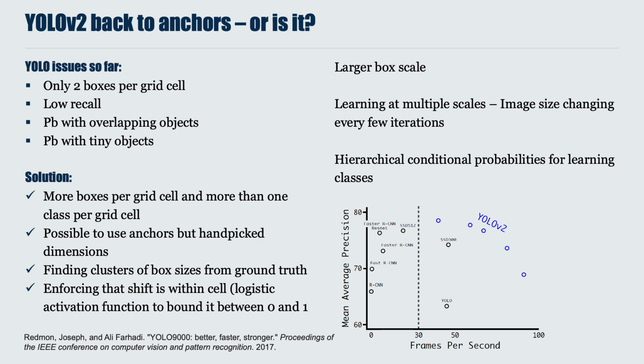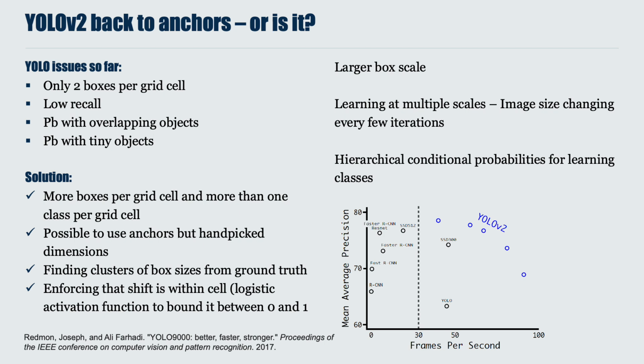So they were trying to find clusters of box sizes from the ground truth in order to define the appropriate anchors and anchor sizes that they should choose. That means obviously that the training you do is only applicable to similar types of images with relatively similar objects.